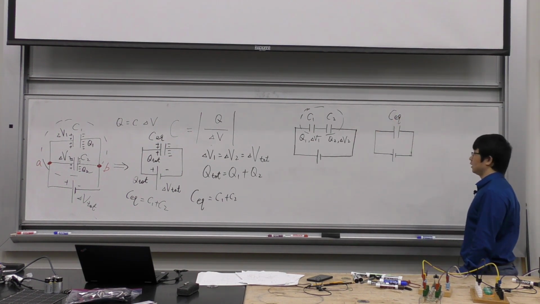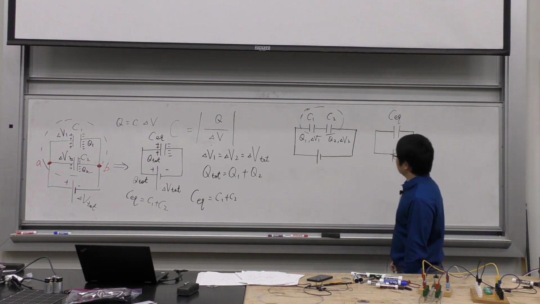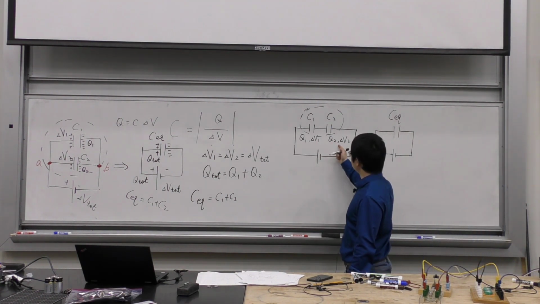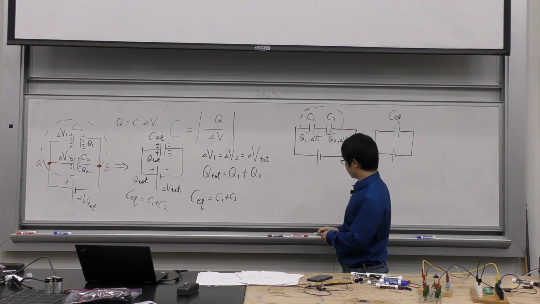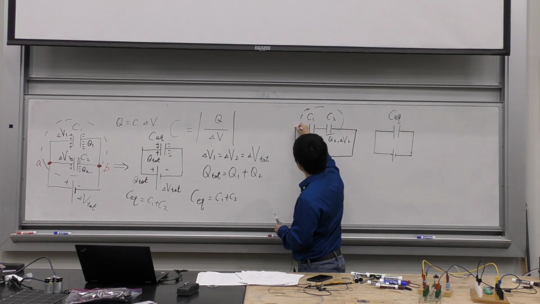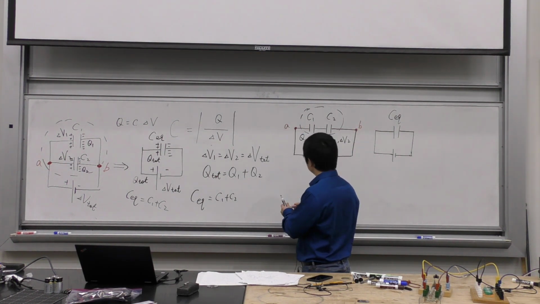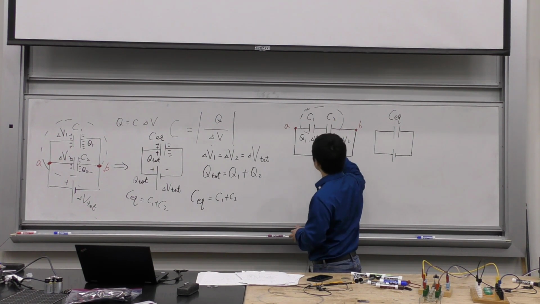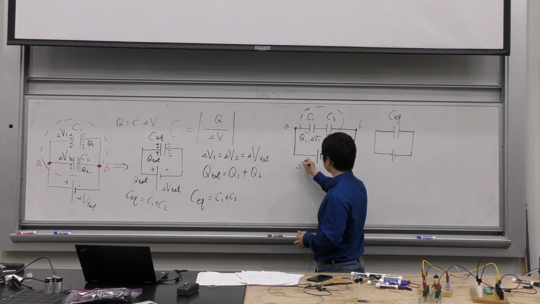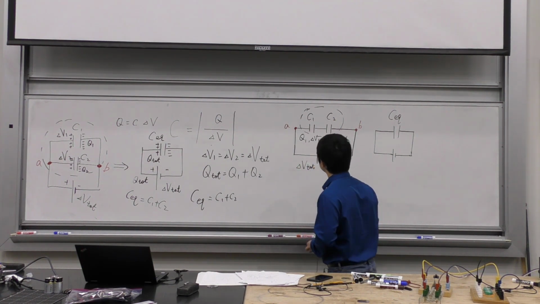Okay. Now let's see. V1 and V2, you see that they're connected one after the other. So if I call this A and this B, this combination is going to get the total voltage from the battery, for sure, right?